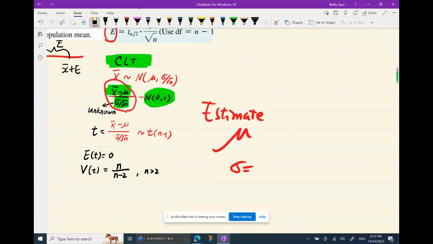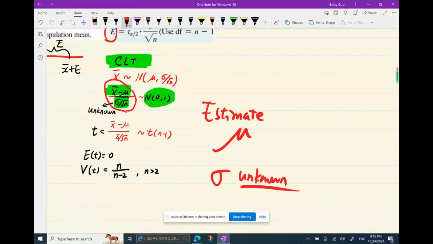That is a very reasonable assumption. So in this section, we assume sigma is unknown. Because we are estimating the value for mu, and you know the sigma already.